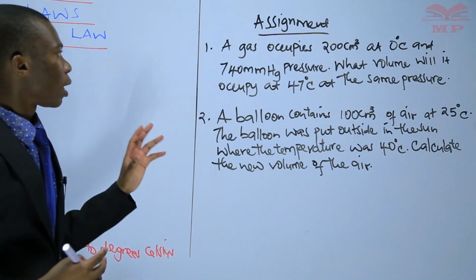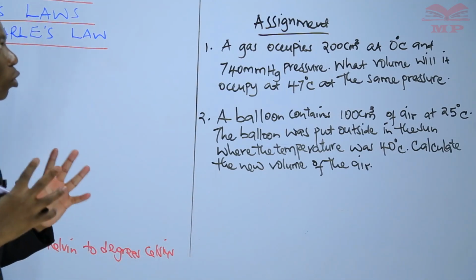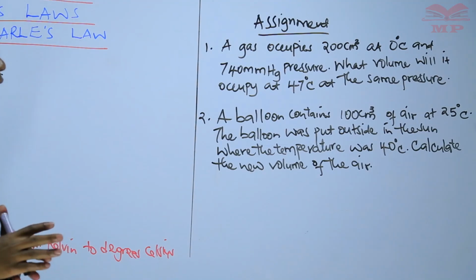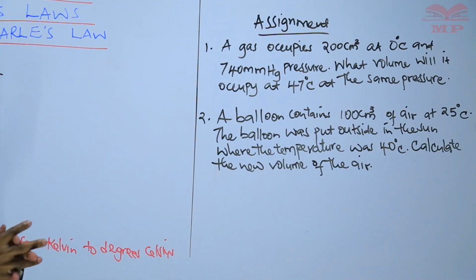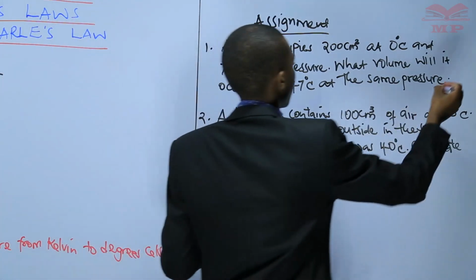The first one: a gas occupies 200 centimeters cubed at 0 degrees Celsius and 740 millimeters of mercury pressure. What volume will it occupy at 47 degrees Celsius at the same pressure?